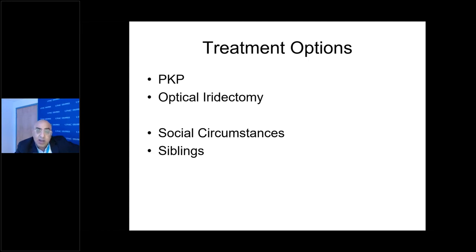And I think that's really important, because when you do a corneal transplant, the follow-up is crucial. Being vigilant about what's going on with the graft is crucial to its success.